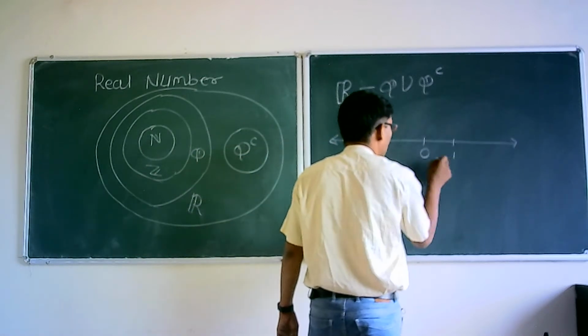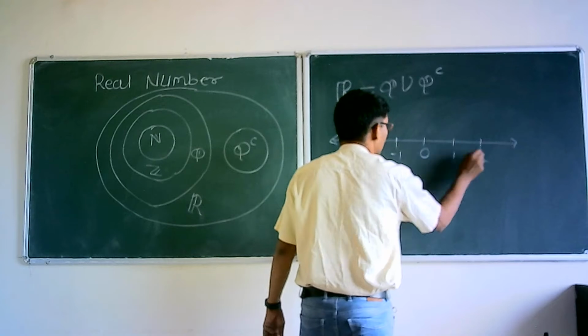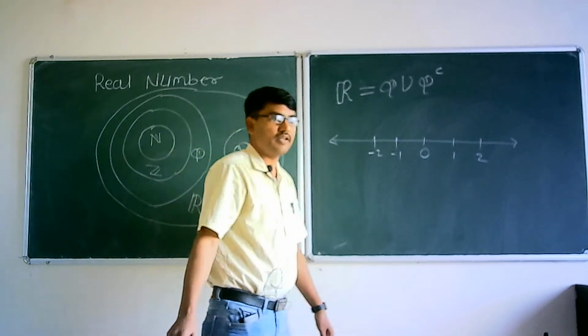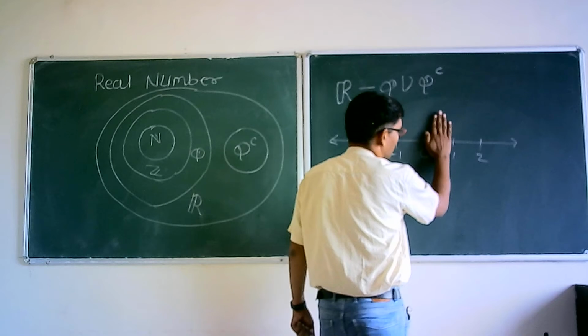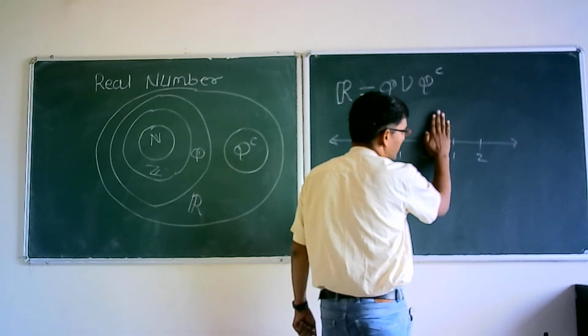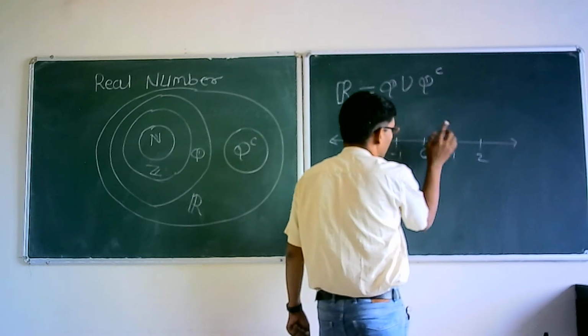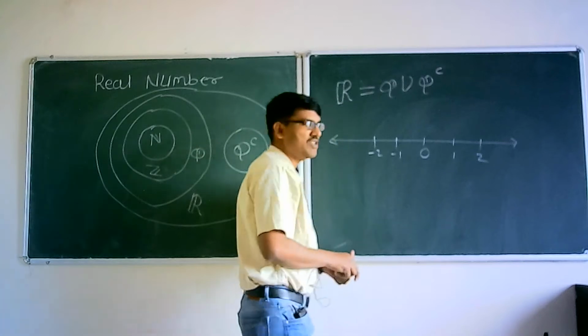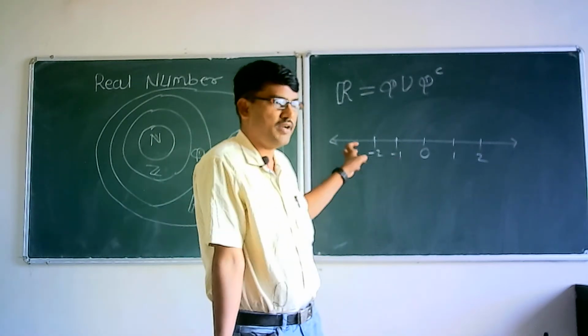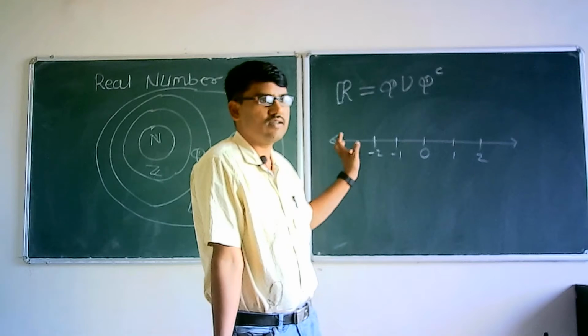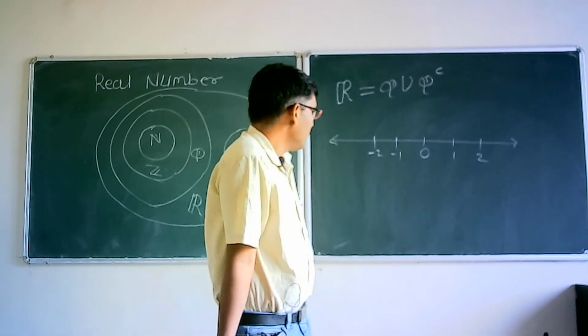Here is 0, 1, minus 1, 2, minus 2. In integers there are gaps, for example between 0 and 1. But if we fill up these gaps by using rational and irrational numbers, it forms a complete line, and it is called the real number system.